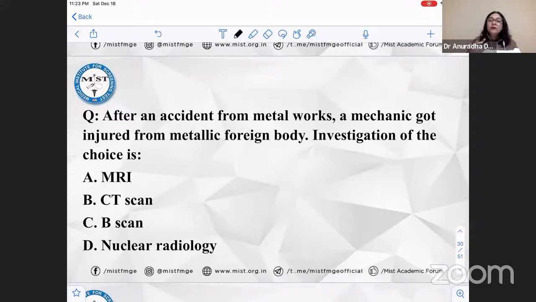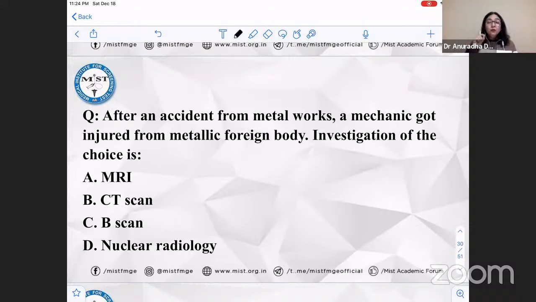In metal work, small chips of metal usually fly around, in work like hammer and chisel work. There is a high chance that the person has an intraocular foreign body, that metal went inside the eye.